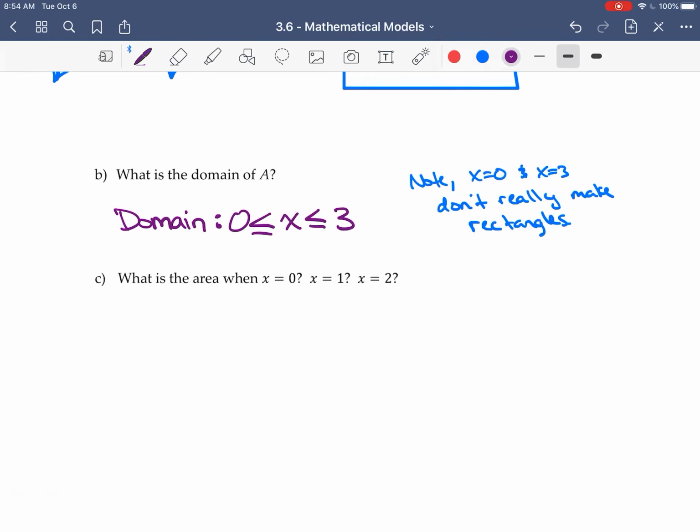The area when x equals 0, you could just plug into the formula. It's 9 times 0 minus 0 cubed, so it's just 0. Why does it make sense that it's 0?